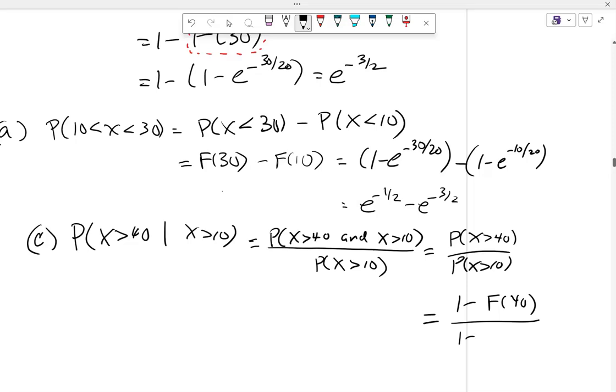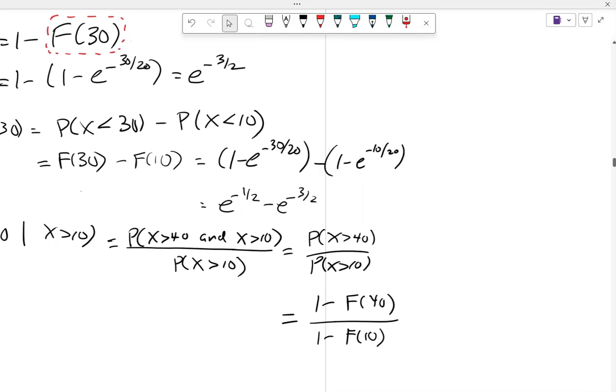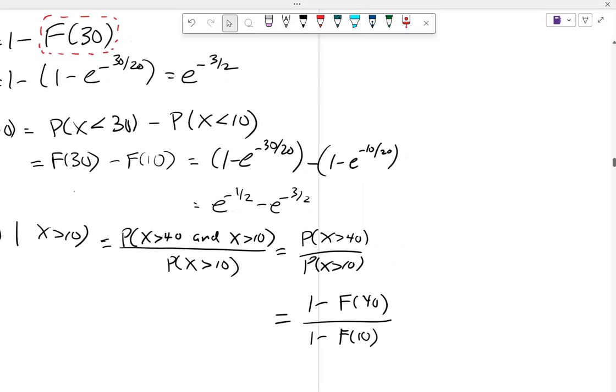Over 1 minus F of 10. Right, okay? So then, if you go through and simplify, that'll be e to the negative 2 over e to the negative 1/2. So simplify to e to the negative 3/2.